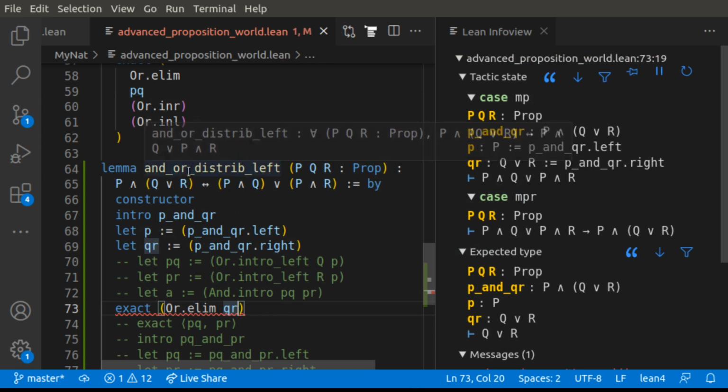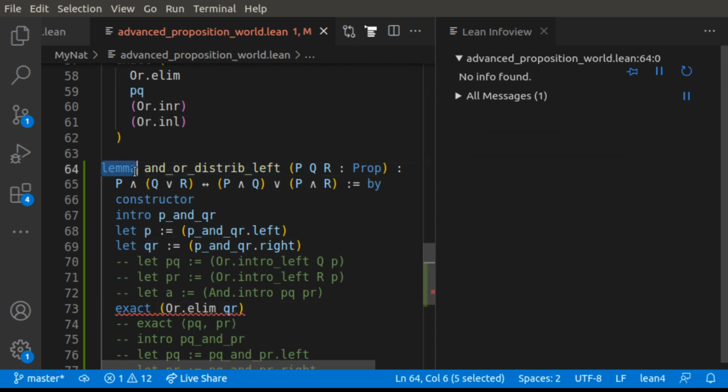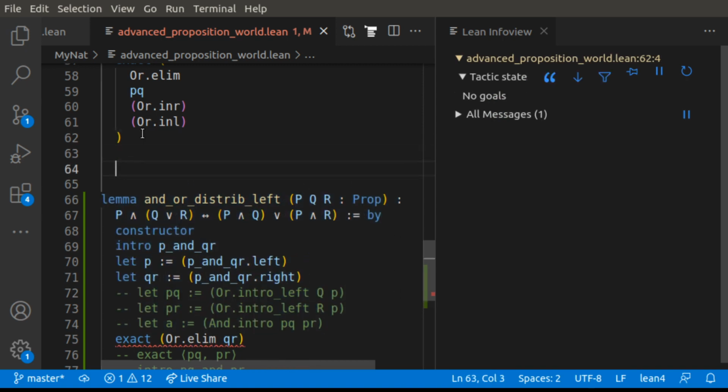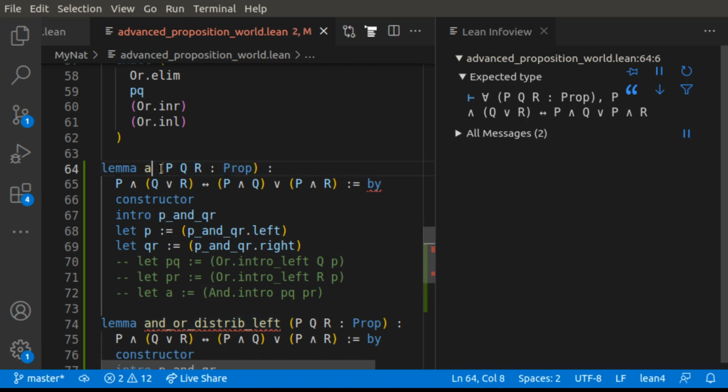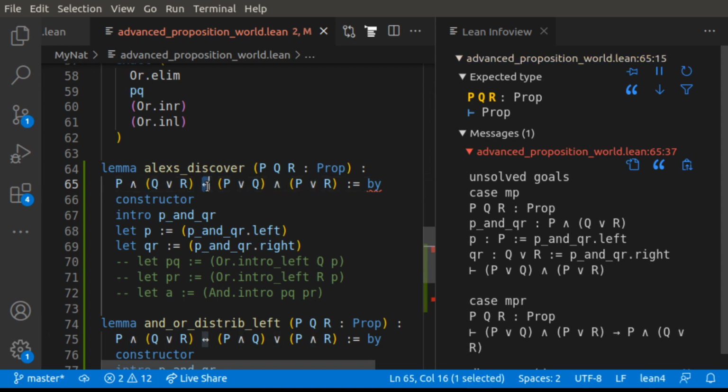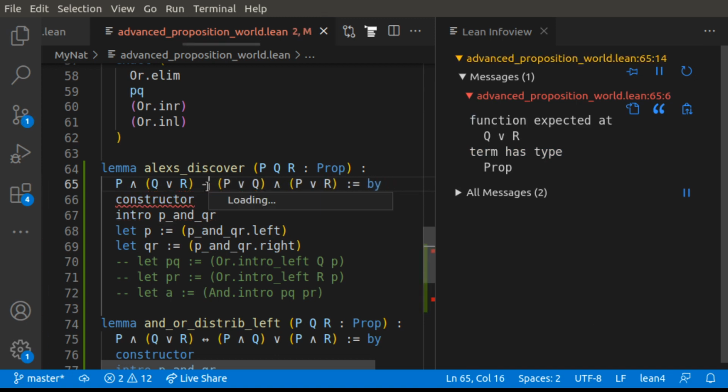But it's funny that I proved, okay, wait. I'm actually gonna take a brief aside. So I accidentally proved this thing from Alex's discovery. The thing that I accidentally proved was this, but only one way.